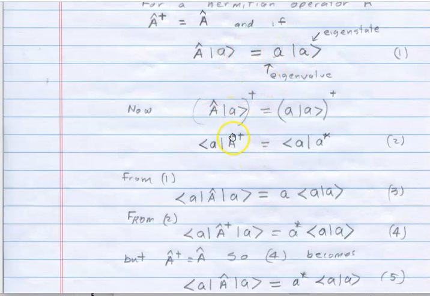The number here I'll represent as a star. In general, taking the Hermitian conjugate of both sides, I have to complex conjugate everything and then transpose, and that gives me the complex conjugate of a here for equation 2.